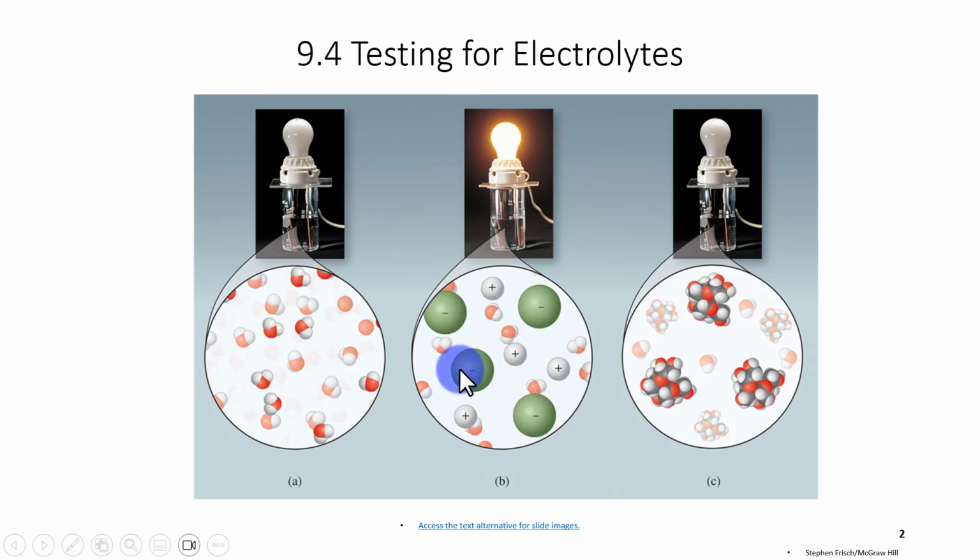Now I have all these free ions roaming around the solution, and when I pass a current through it, I complete the circuit, and I can light up that light bulb because current runs through it. It can conduct electricity, and it's a good electrolyte. So what makes for a good electrolyte? A solution that has free ions. A solution that doesn't have ions is not a good electrolyte.